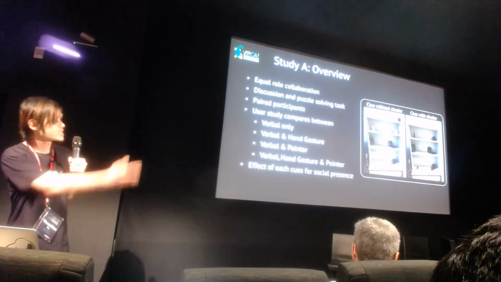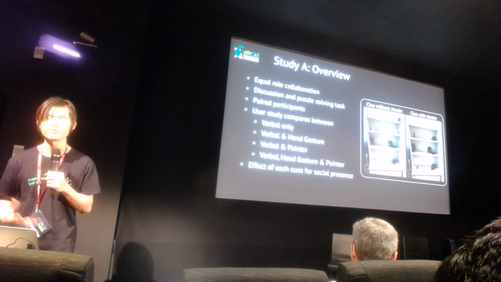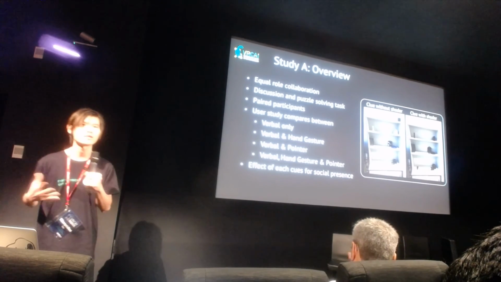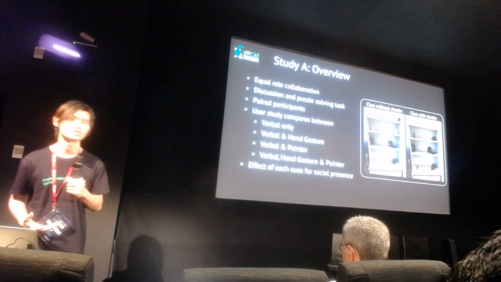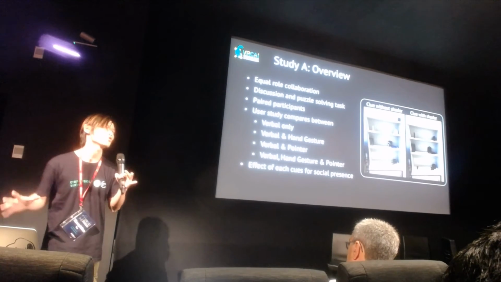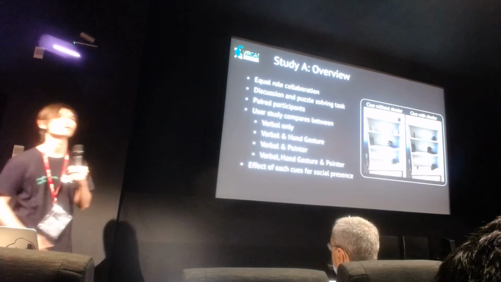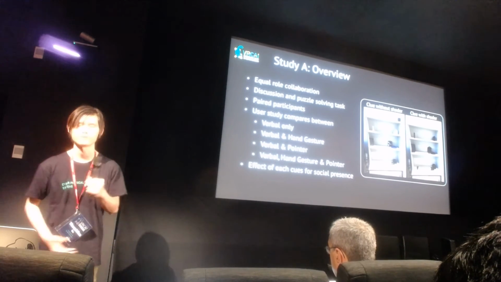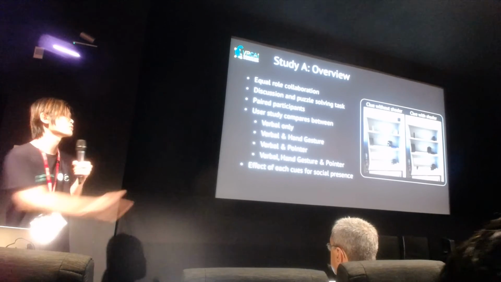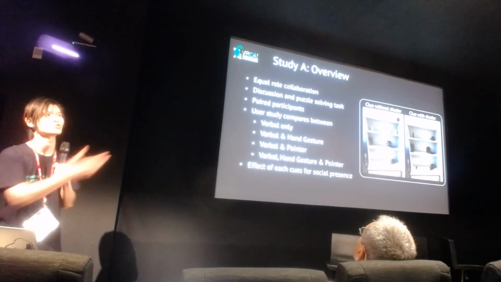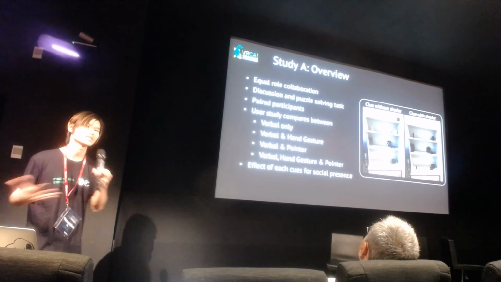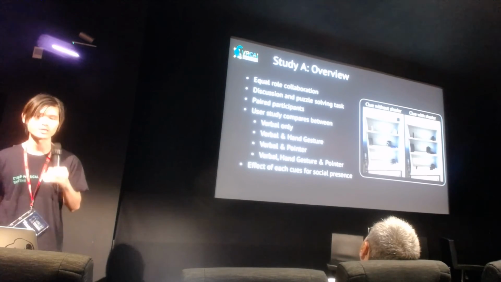As you can see in the figure on the right side, the one with the clues with the shader, that's pretty much what we will be showing to the local and the remote user. There will be around 20 random objects put on the table, and on the right side of the local user there is an empty bookshelf. What they need to do is look at the clue and discuss which one is supposed to go where, using different visual cues based on the conditions.